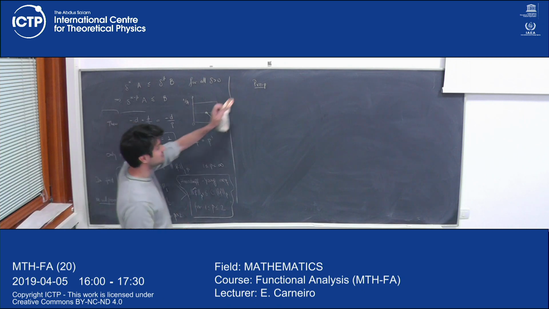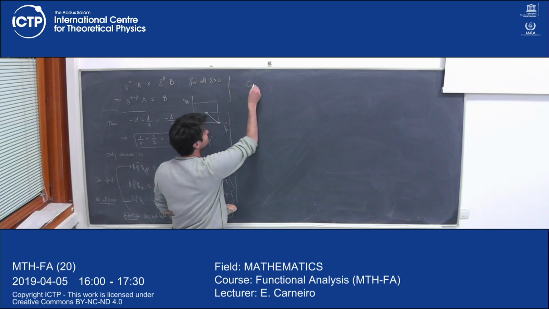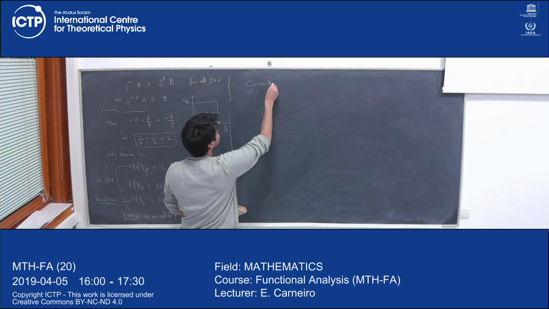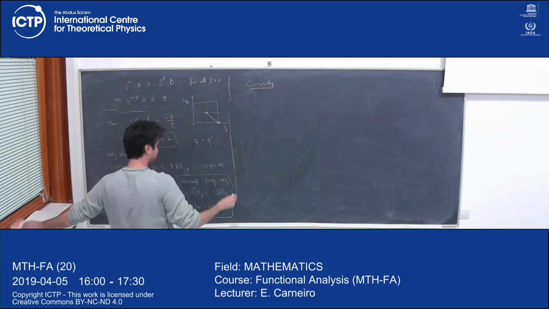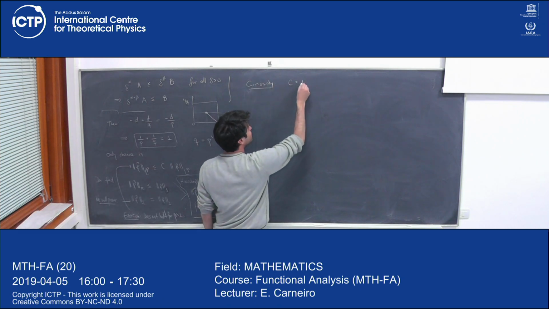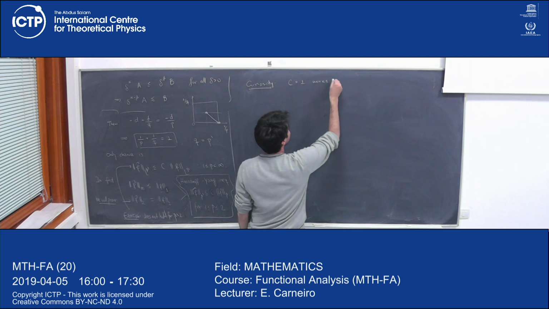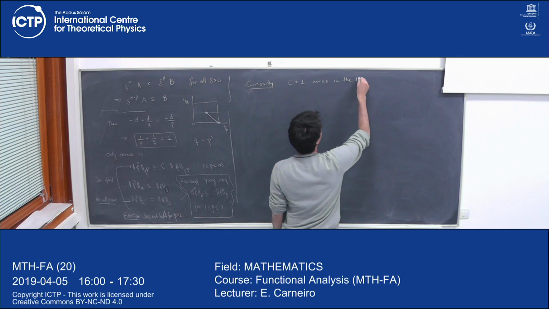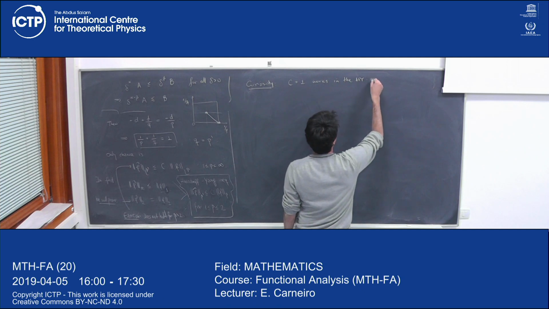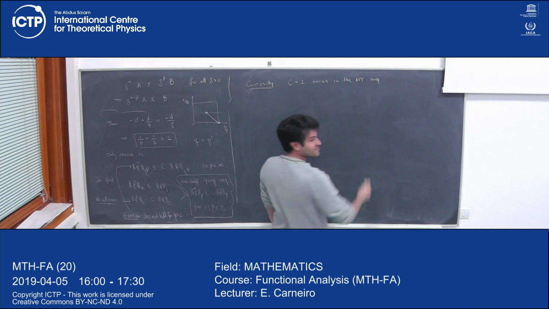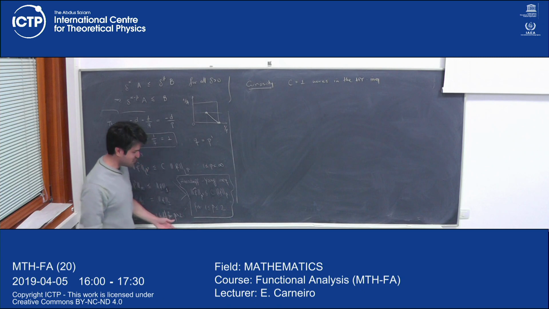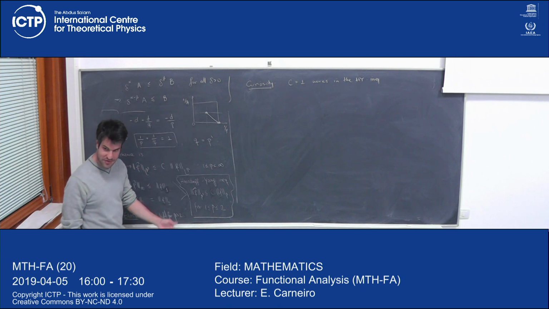Okay? So just as a curiosity, if you want. So c equals 1 works in the Hausdorff-Young inequality. But is this the best that we could do? Can we prove it with a smaller constant?